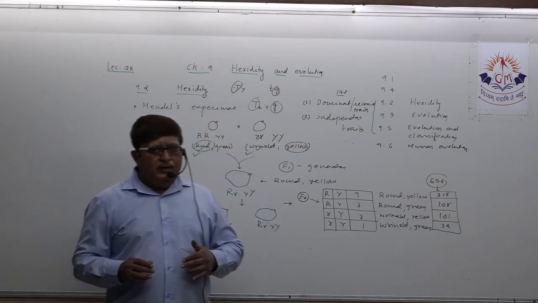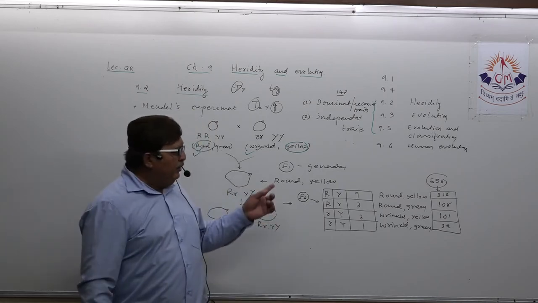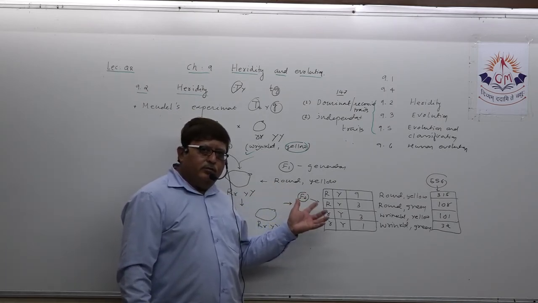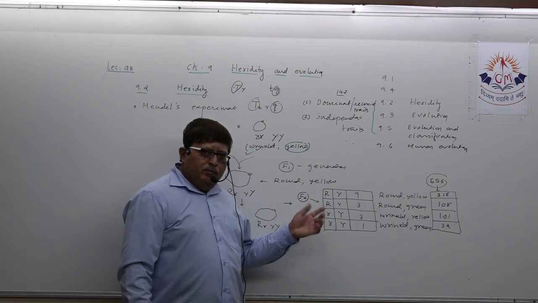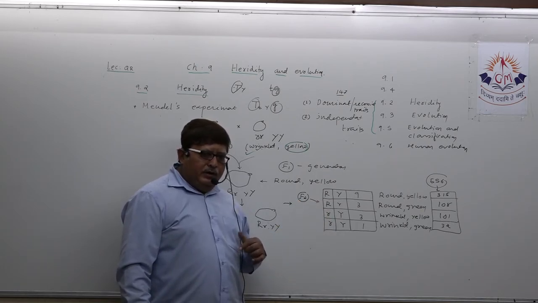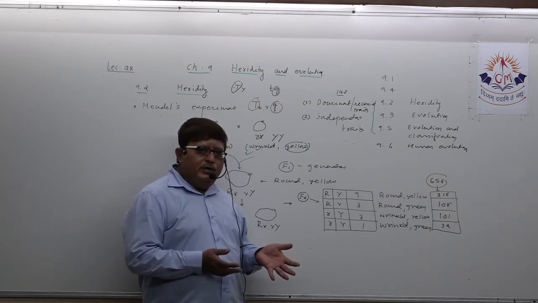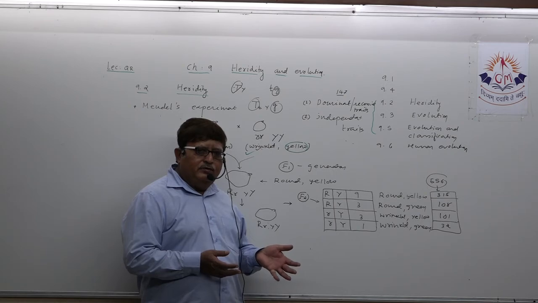Acquired and inherited trait. Inherited trait, you understood where there is the role of the germ cell of the parent. Understand? But as far as the acquired traits are concerned, it has nothing to do with the germ cell, whatever other cell makeup is going to happen. Understand?